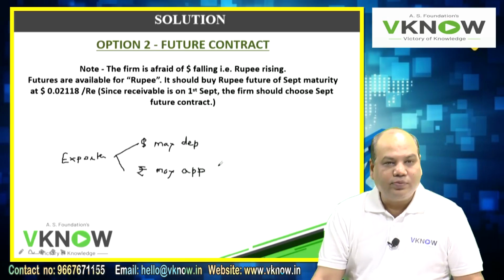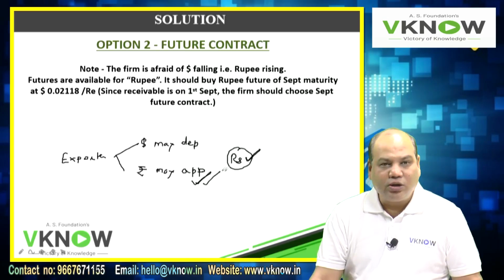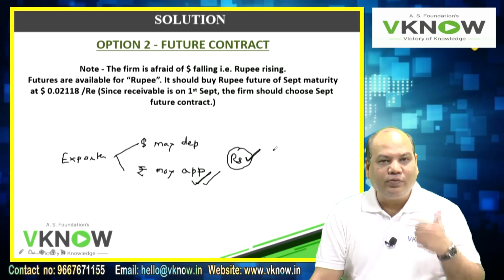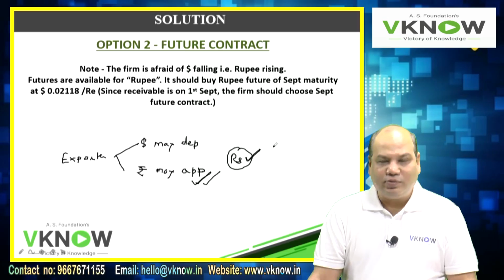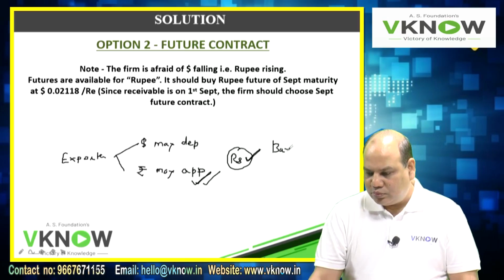Then you have to see future contract is available in which currency. Future contract is available in rupees. Rupee is expected to appreciate. So what is the position in the future market you will take on a future contract which is denominated in rupees? If you think that the price of underlying is going to become more expensive in the days to come, then you should buy future.